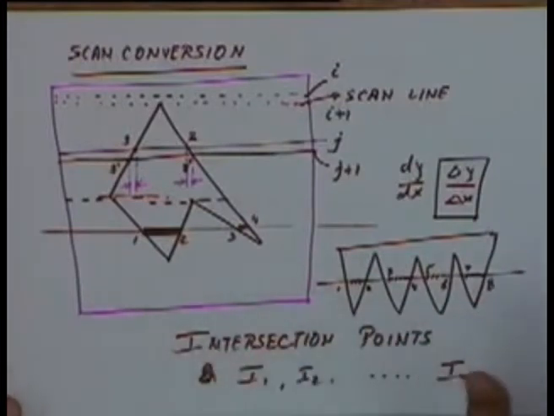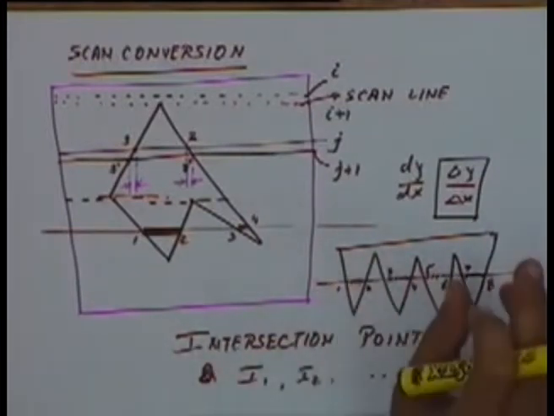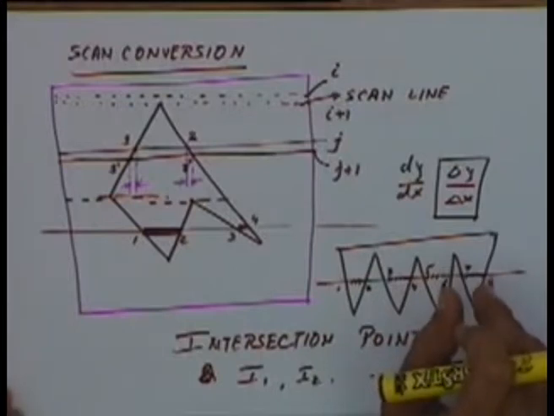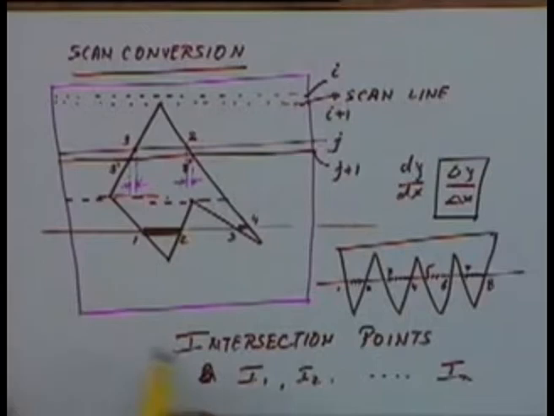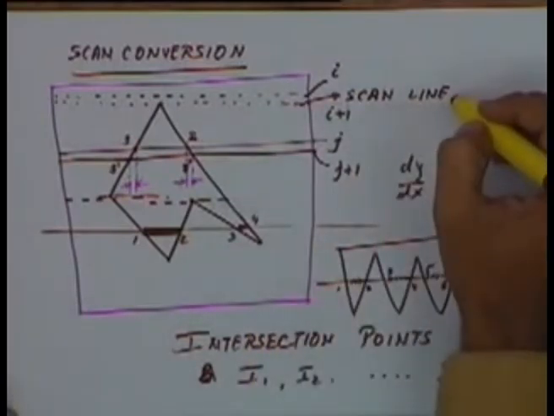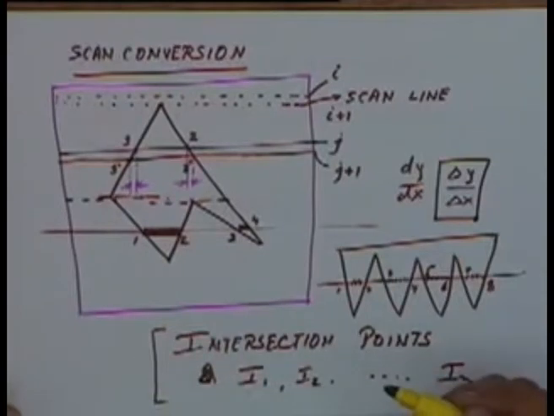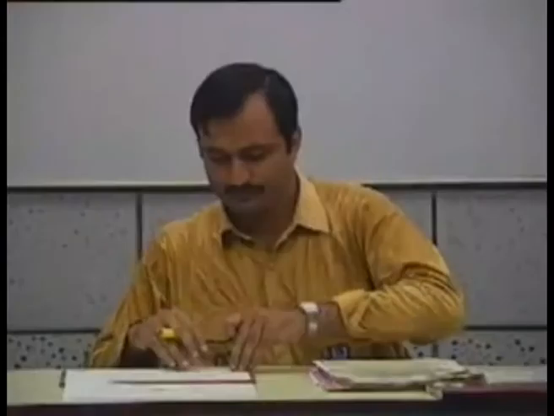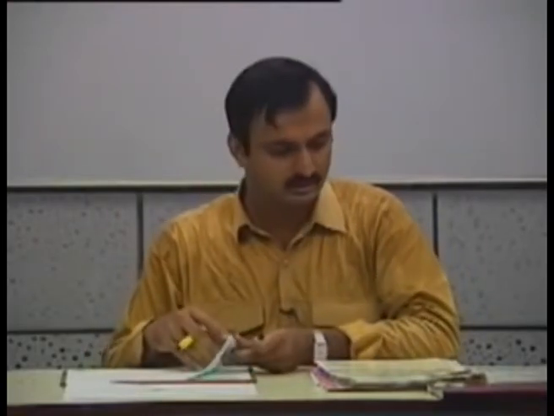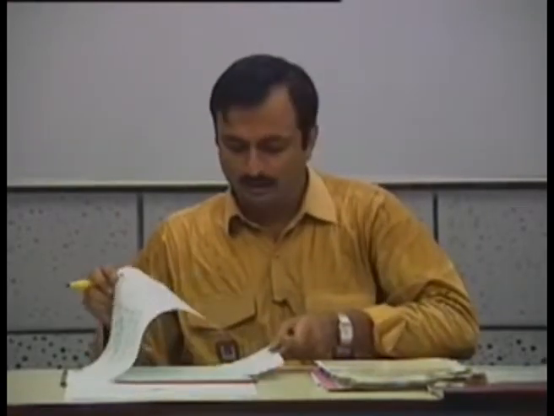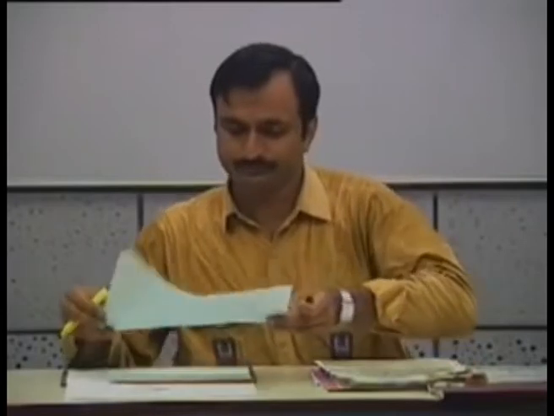So alternate sets of points will be on and off. What we will do is at every scan line we will try to keep track of these intersection points. How do we do that? Let us see the algorithm.